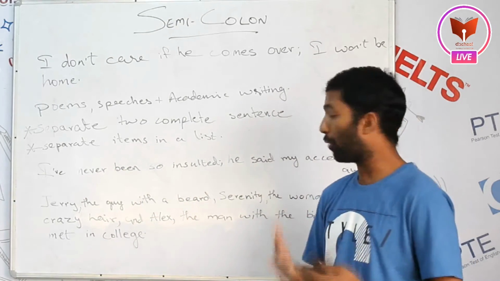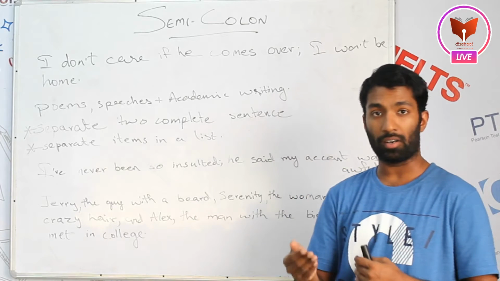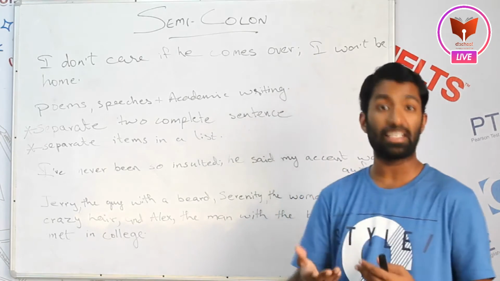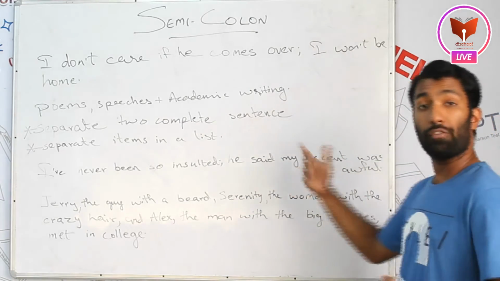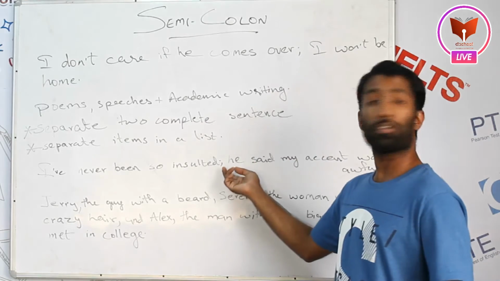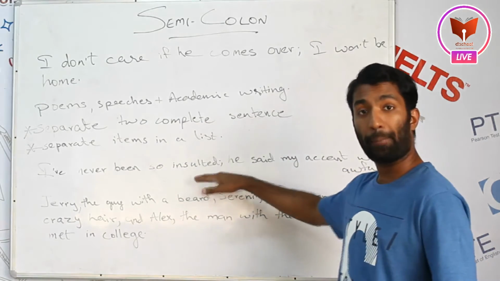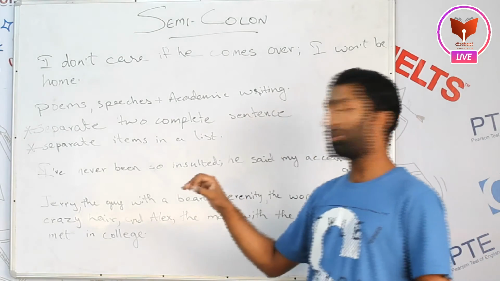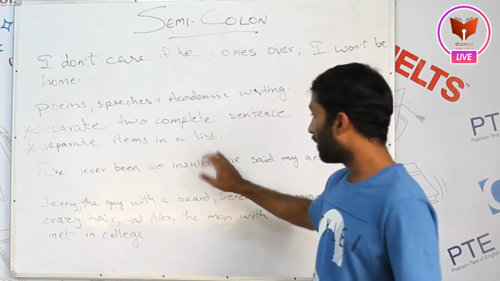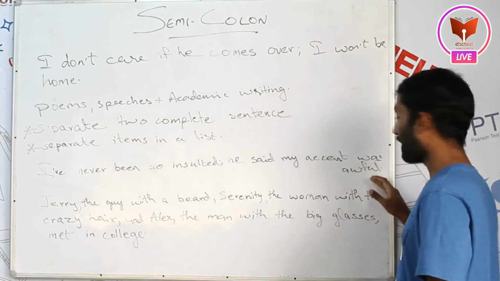That is the end of my talk, but then there is another part to it, or a reason for it: because he said my accent was awful. So instead of using because, we can just use a semicolon to show that we are at the end of a thought, but there is another part to this entire sentence. If we use a period, then it will be: I have never been so insulted, a short sentence, and then he said my accent was awful.